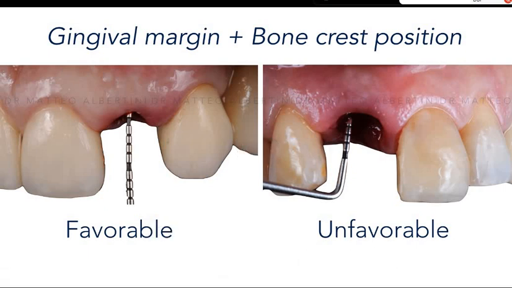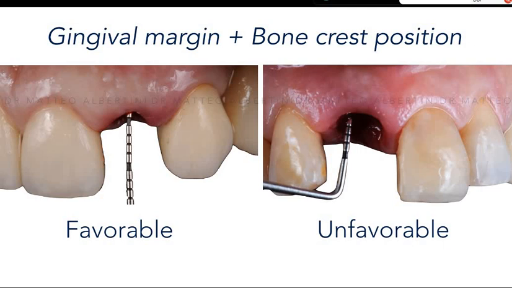So if we have a coronal position of the gingival margin with respect to the future margin of the restoration, this is favorable. If we have good keratinized tissue, this is favorable. If we have the bone placed at 3-4 millimeters from the gingival margin, this is pretty favorable.